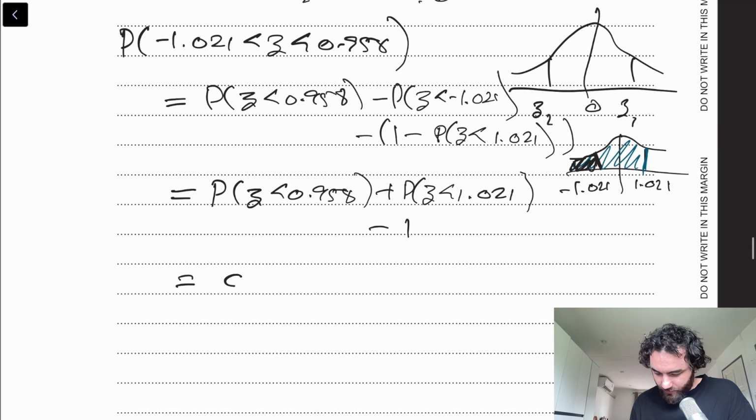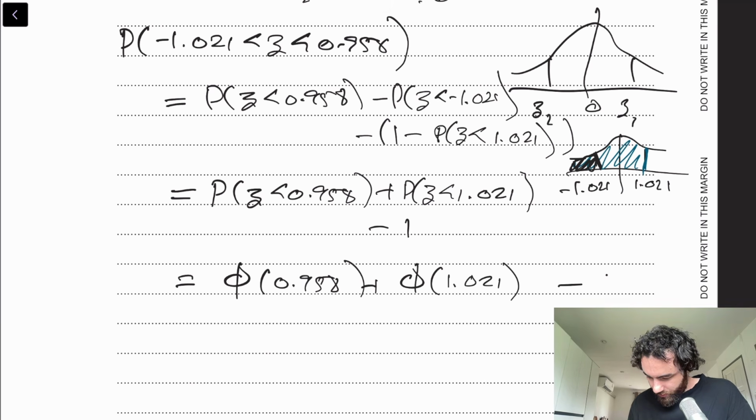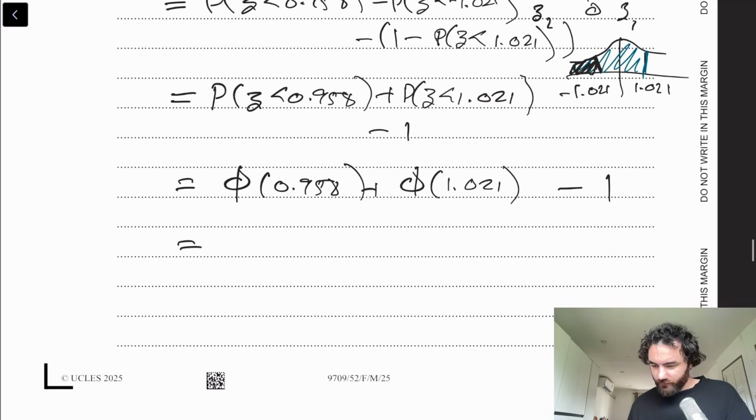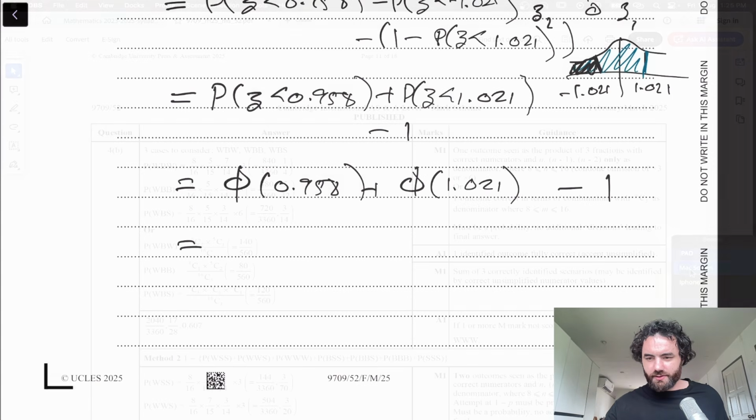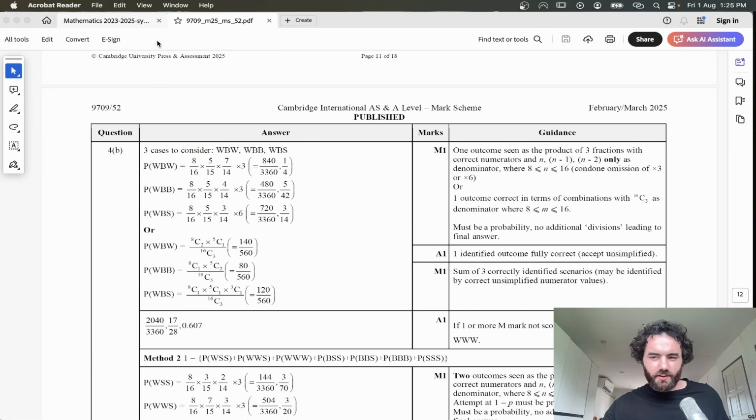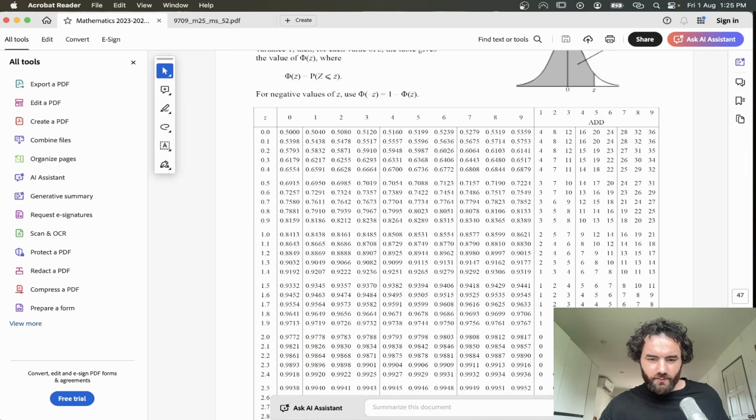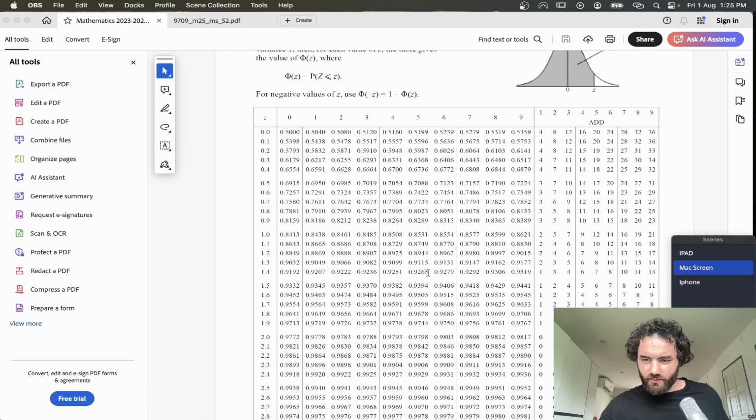And these values can be found from our table. So 0.958 plus 1.021 minus 1. Then we go to our Mac screen and look at our table.